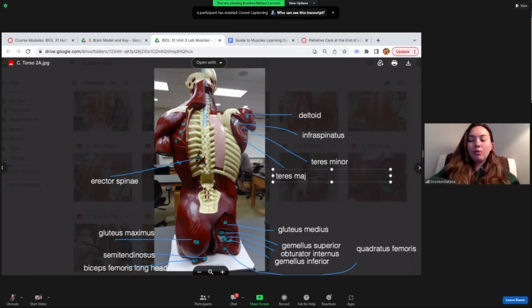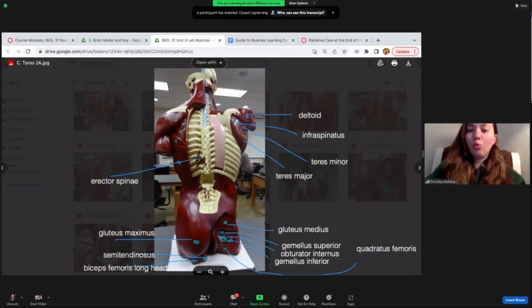I would say the reason you don't want to leave these torsos until like the day before the final is because some of the muscles do look pretty different from model to model. So for example, teres minor and teres major, the location of them is the same. But on this model, it's like you're looking at someone who works out a lot.